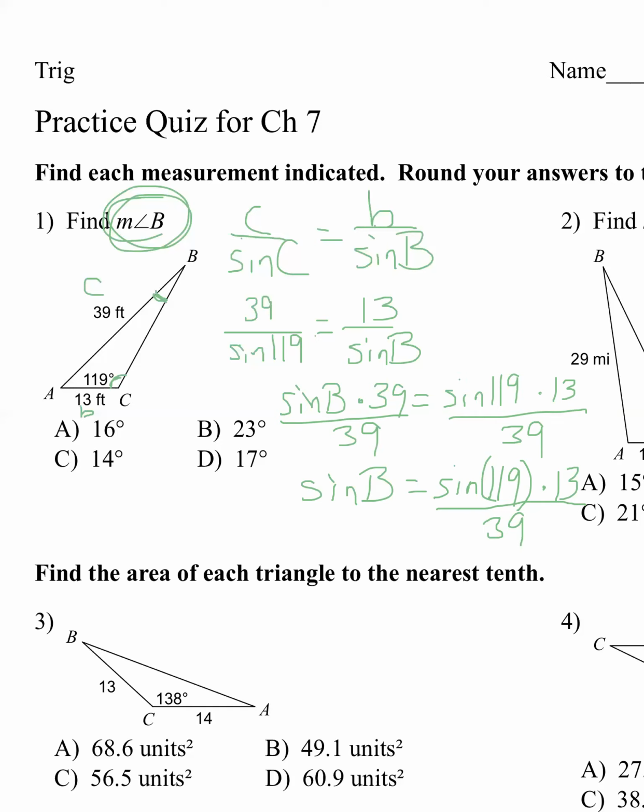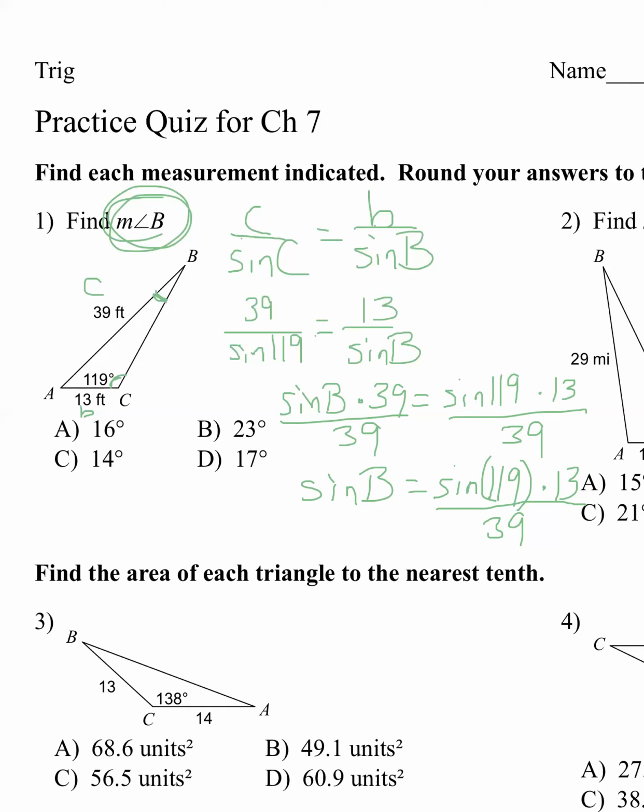If you're not using a calculator and you're using just a Google search bar, go back to the video on law of sines if you need help figuring out how to type all that in, because that's where I went over that. So I'll have second sine, then sine of 119, close parenthesis, then times 13, and then I'm going to divide the whole thing by 39.